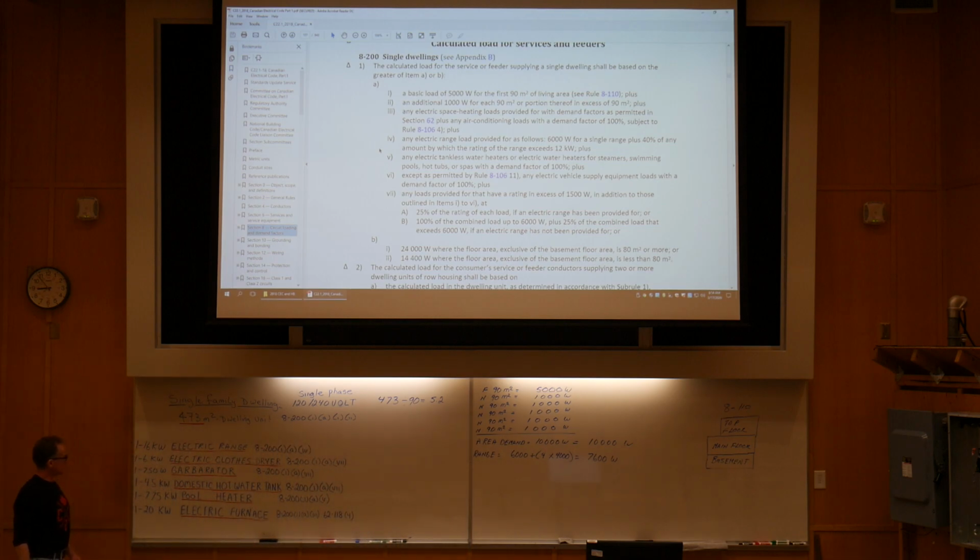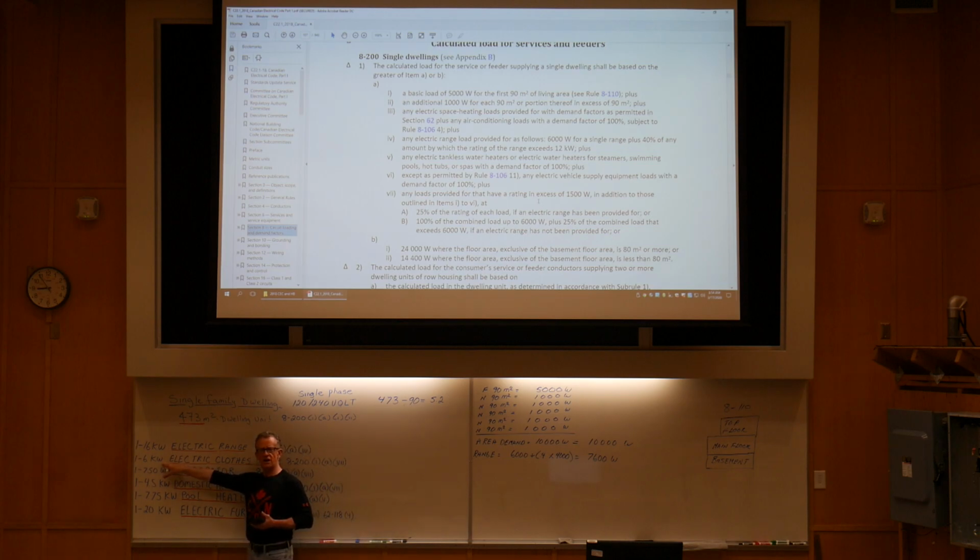Then we can come down here and look at the electric clothes dryer. We'll just do them in the order that they are on the whiteboard. If I look at the electric clothes dryer, there is no specific listing for the clothes dryer like there is for the area, the space heating, the electric tankless water heaters, etc., the electric vehicle chargers. So it comes down under this rule, VII. Any loads provided for that have a rating in excess of 1,500 watts, at 25% of the rating of each load if a range has been provided for. So you'll see here that we have the dryer. It's 6 kilowatts.